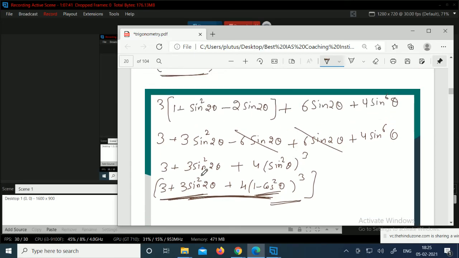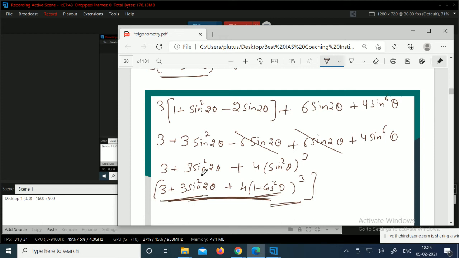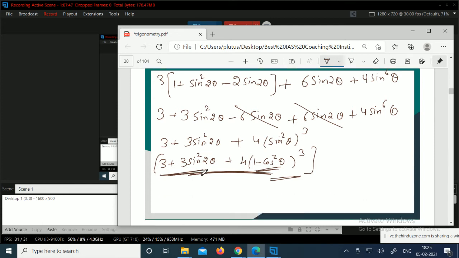Okay, so if I simplify this, this is 3 plus 3 sin square 2 theta plus 4. This is 1 minus cos 6 theta.